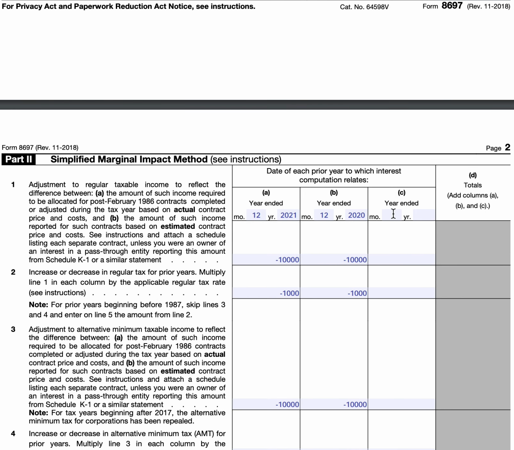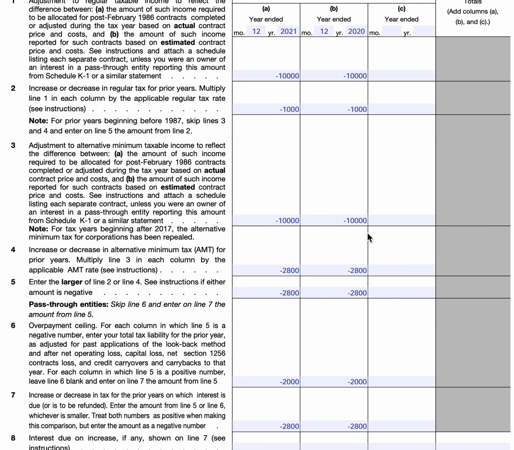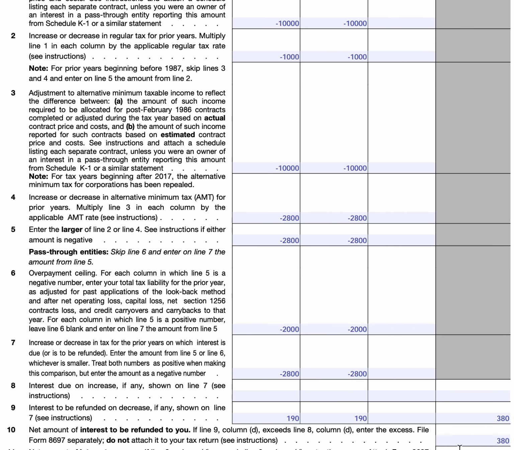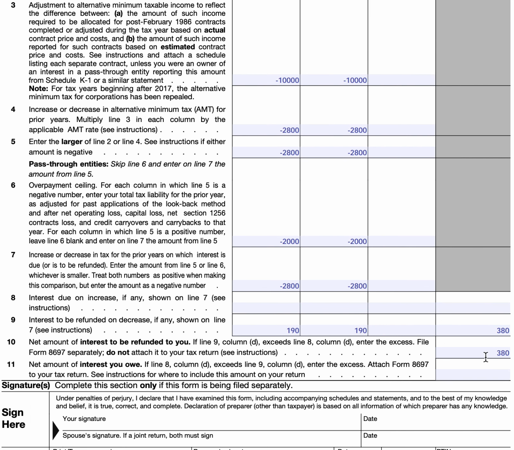So there are 3 columns for interest computation purposes, and then when we get down to row 8, this is when we'll start to open up column D so that we can net these total numbers together and figure out the net amount of interest that you owe or the net amount of interest that is owed to you. And remember, if you are completing this form, whether it's part 1 or part 2, you should only see one number in either line 10 or line 11, but not both.